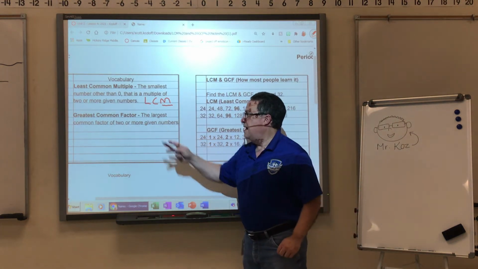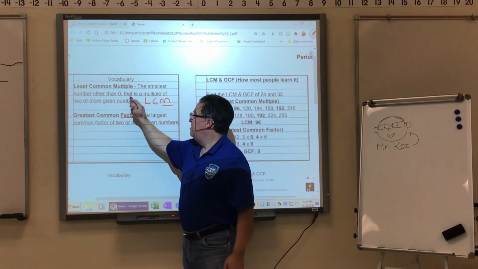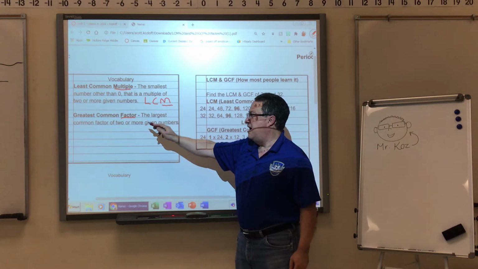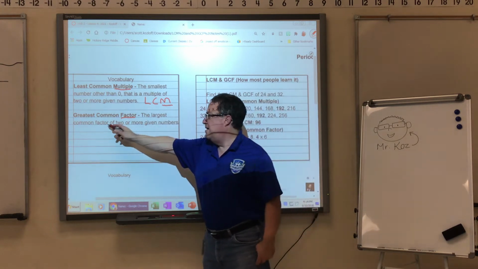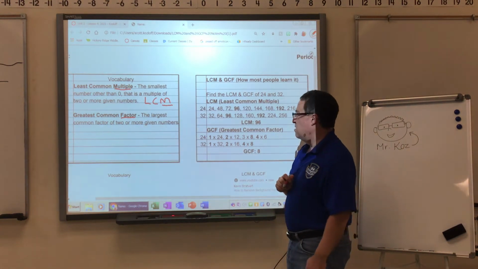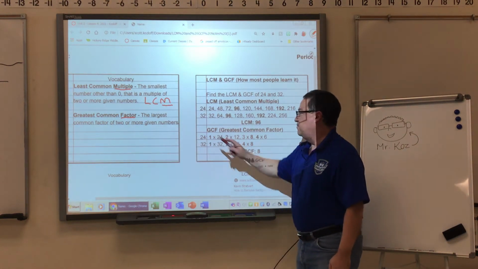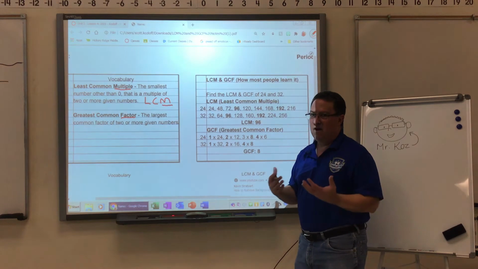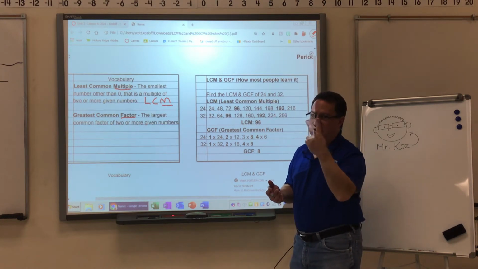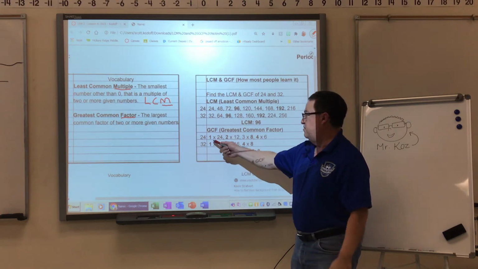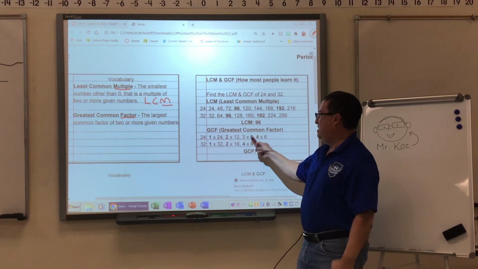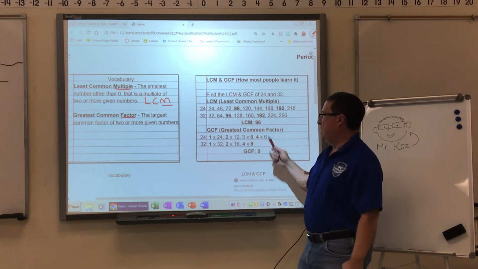A greatest common factor uses the word factor, meaning the largest common factor of 2 or more given numbers. In other words, for 24, remember we talked factors the other day, you got to multiply 2 numbers to get 24. You can do 1 times 24, 2 times 12, 3 times 8, and 4 times 6.